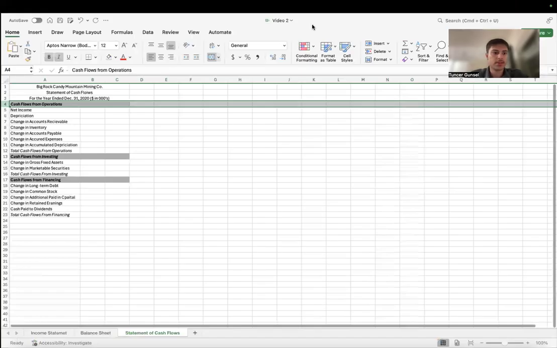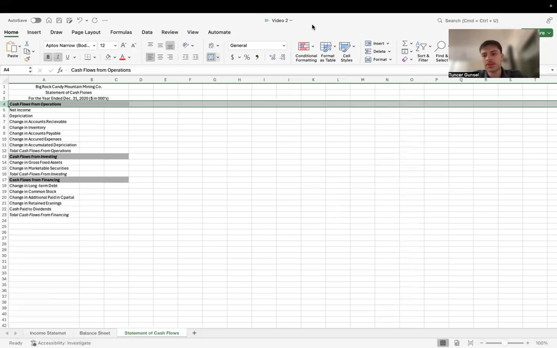The statement of cash flows can tell whether we have sufficient cash on hand to fund new investments or expansions, or whether we need to finance our purchases.